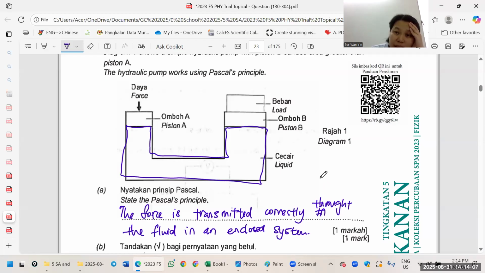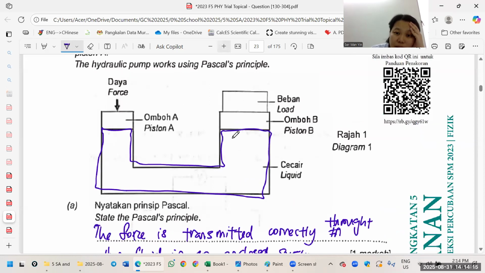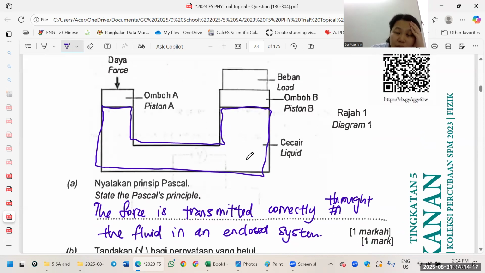Okay, so actually something is wrong here. Can anyone tell me what's wrong? No one knows.